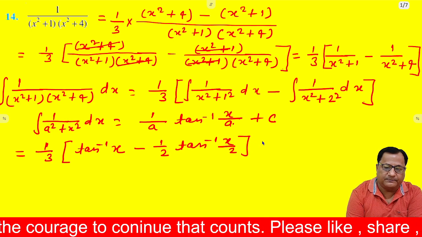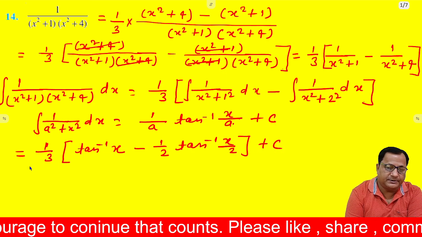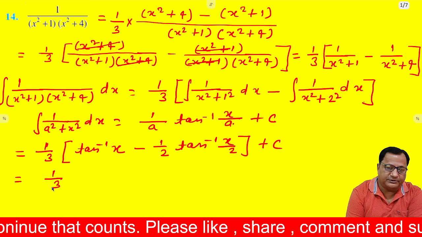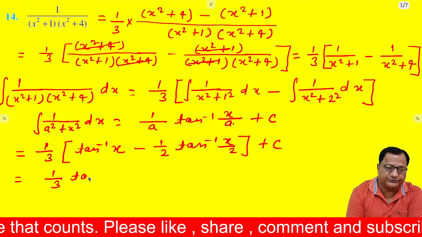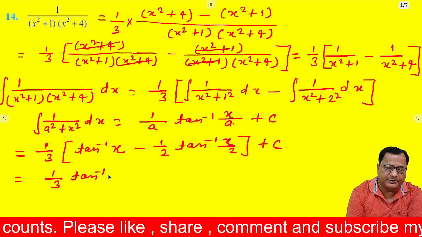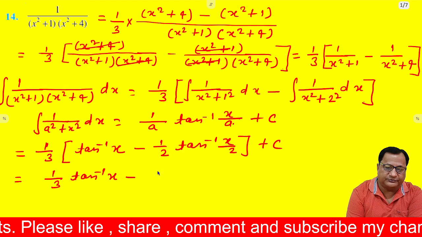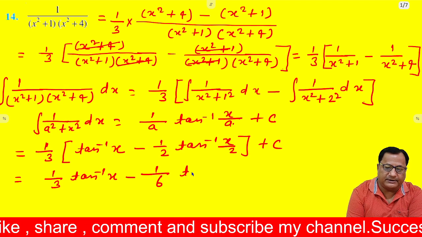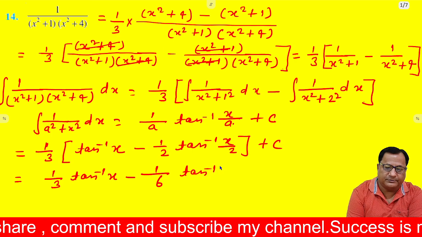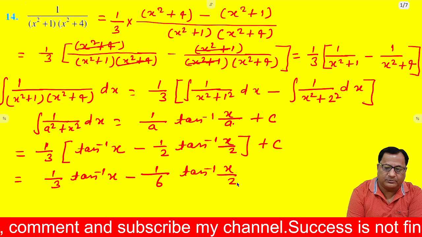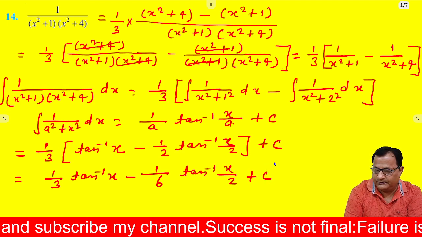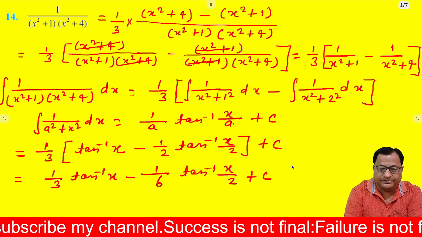This is plus c. If you multiply this, so this will be 1 by 3 tan inverse x minus 1 by 6 tan inverse x by 2 plus c. This is the answer.